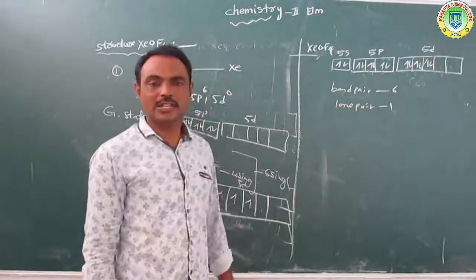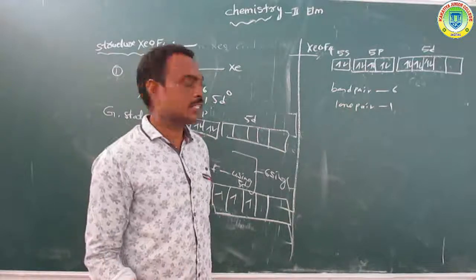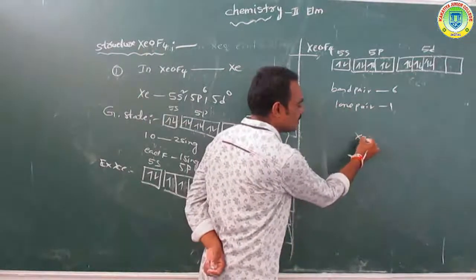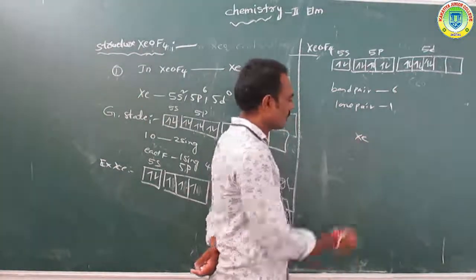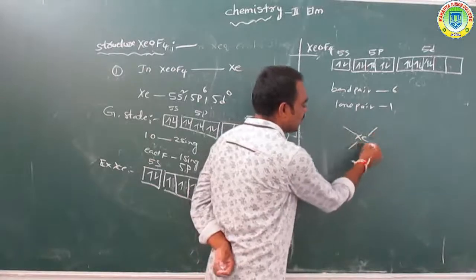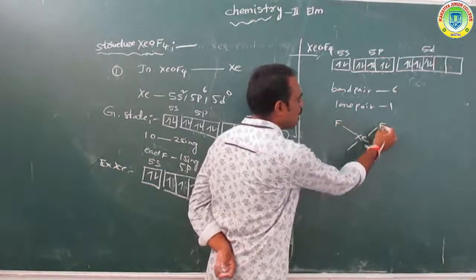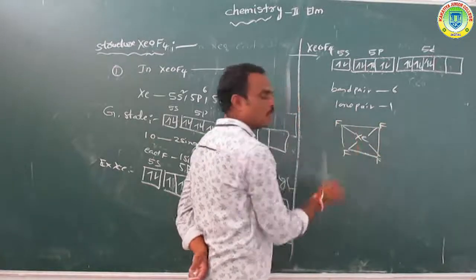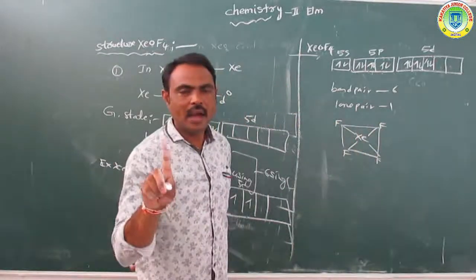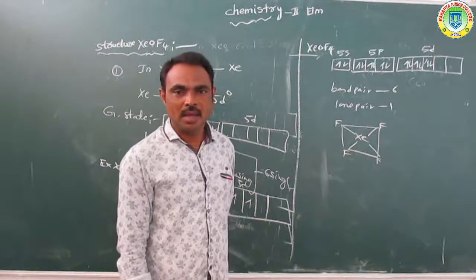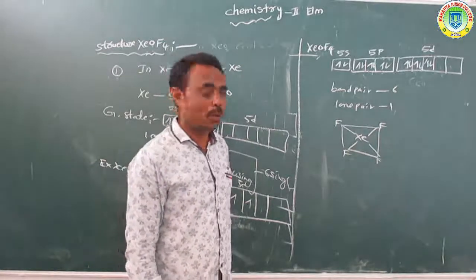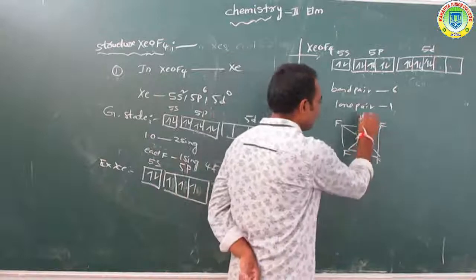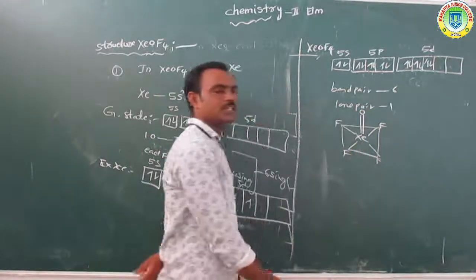What is the structure? Xenon is the central atom. 4 fluorines are attached at 4 corners with single or sigma bonds. 1 oxygen atom is attached with a double bond.